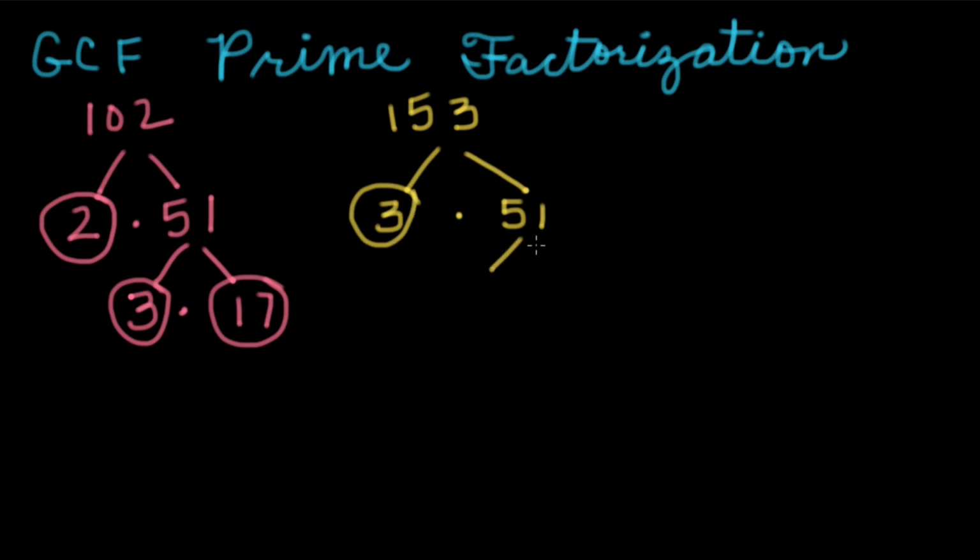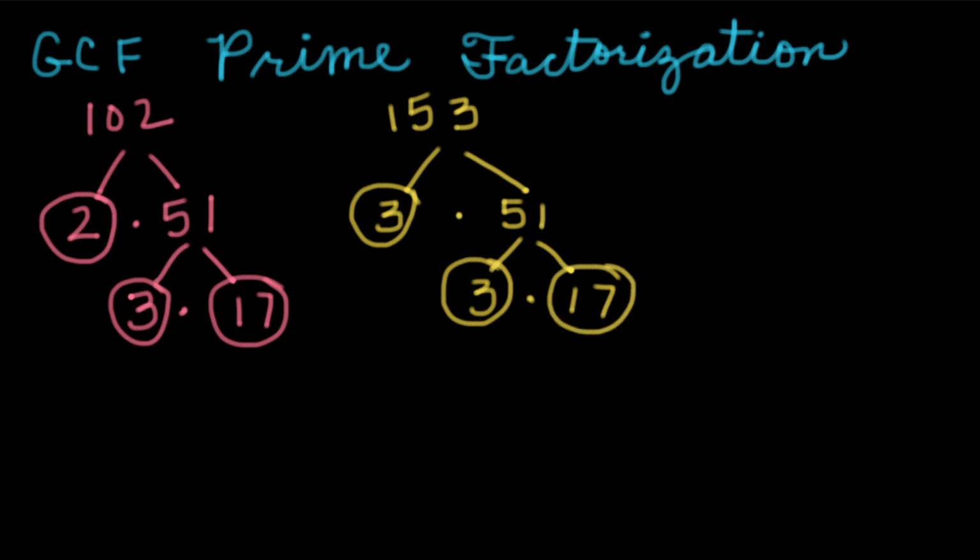Now we need to factor 51, and we already did that in the earlier example, which is going to be 3 times 17. Okay, now we have both of the numbers in prime factorization.